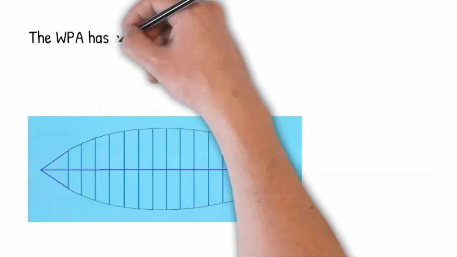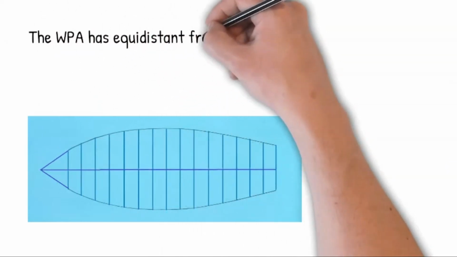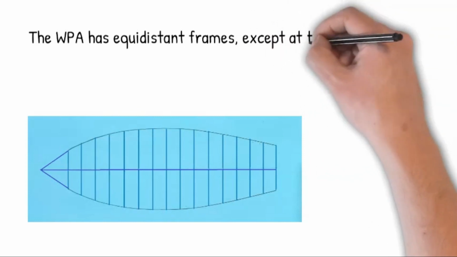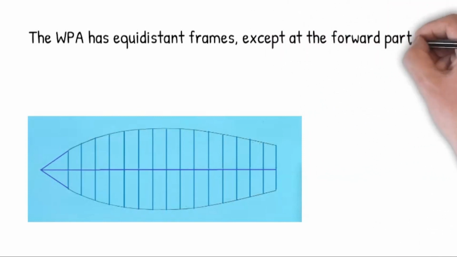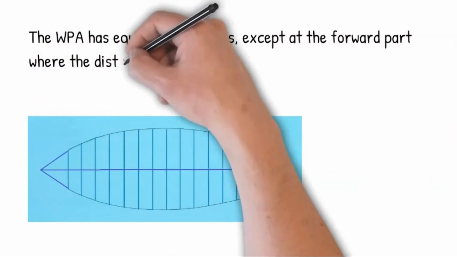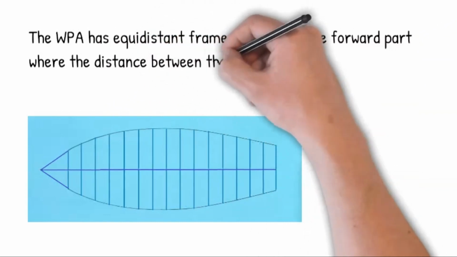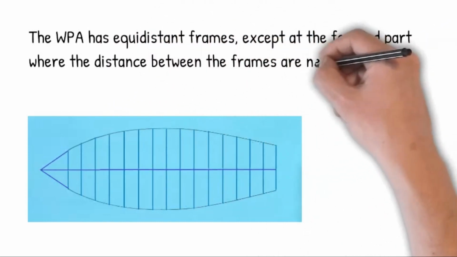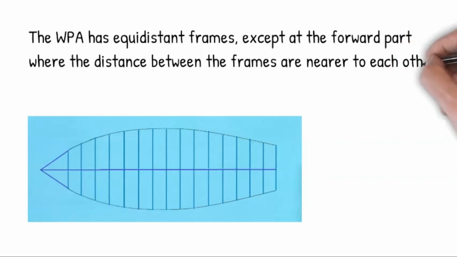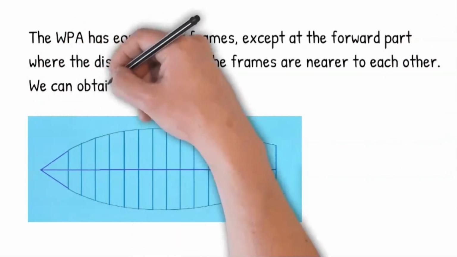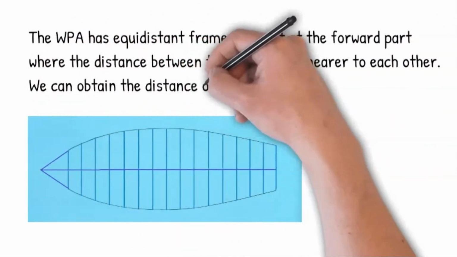The WPA has equidistant frames, except at the forward part, where the distance between the frames are nearer to each other. We can obtain the distance of each frame from the ship's plans.